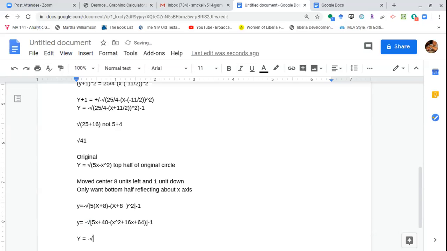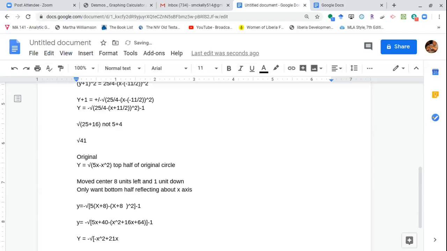I'm going to end up with a lot of negative terms. So I'm going to rewrite it in descending order here. Let me use a bracket again. This is going to be negative x squared. And then I have 16x and I have a 5x, it's going to be 21x.